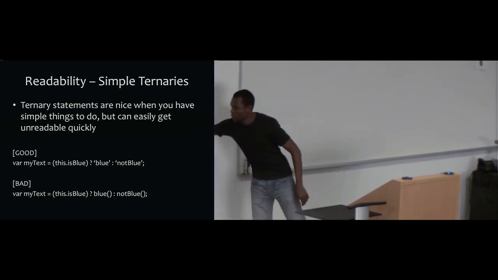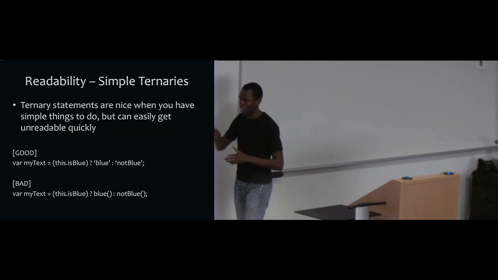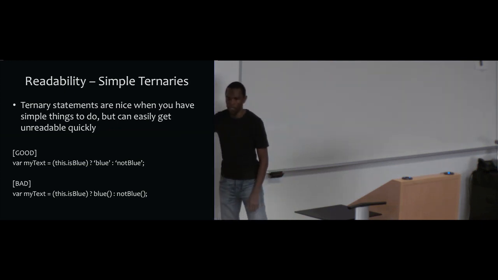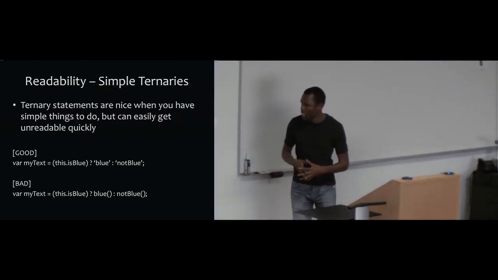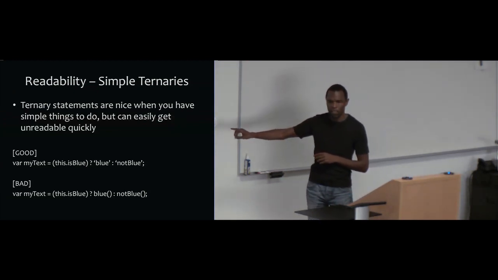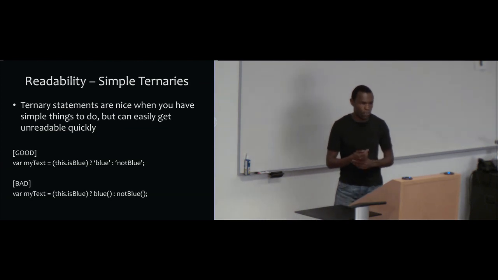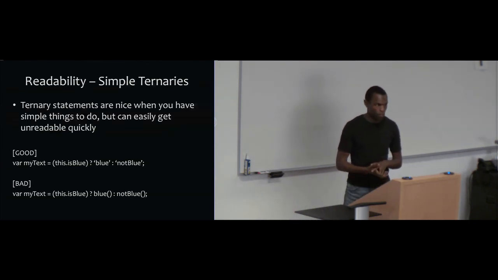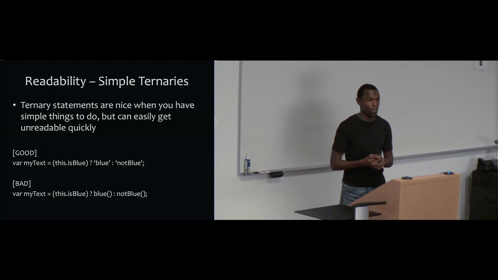And like I said before, changing the execution path is not very good just because it makes it hard to read. And in that case, you would just use an if-else. Questions thus far?